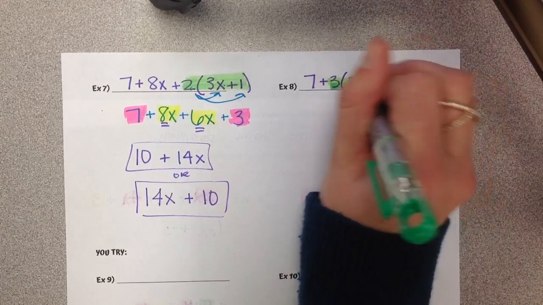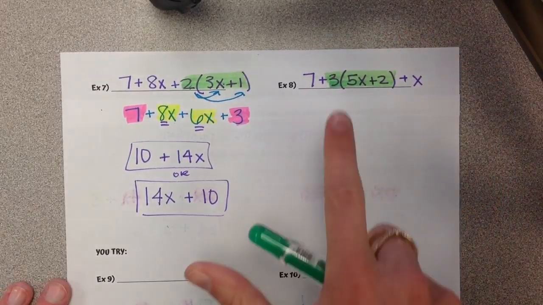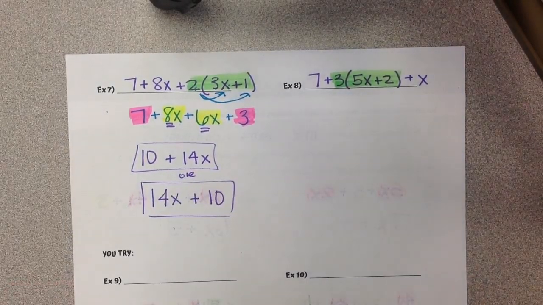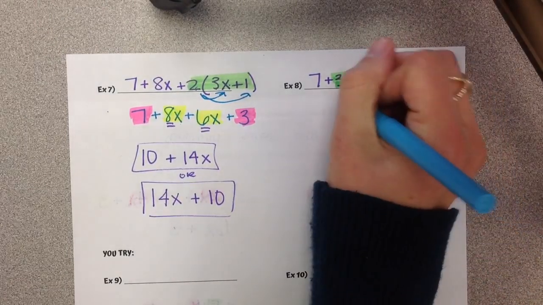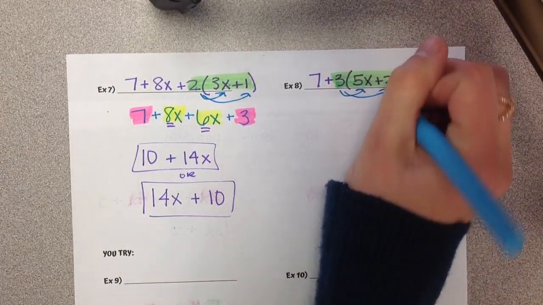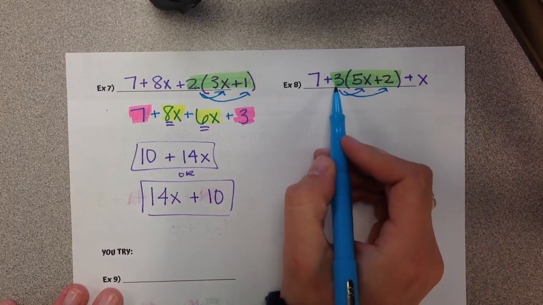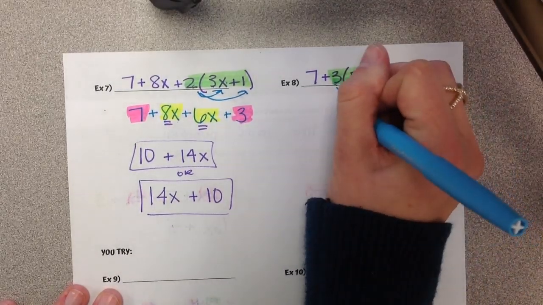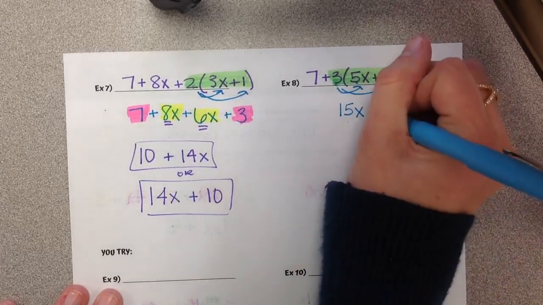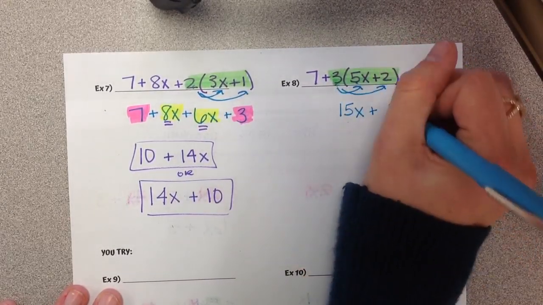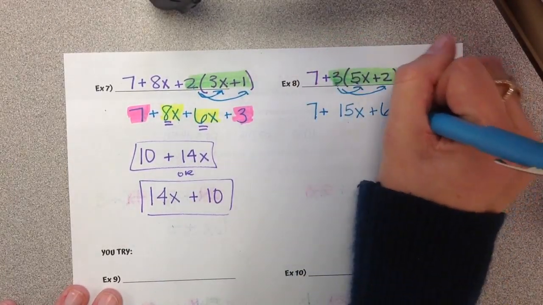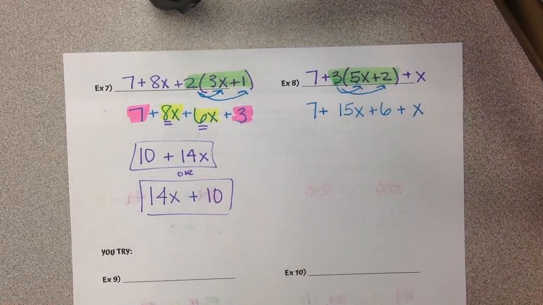I need to distribute the number that's just on the outside of the parentheses here. So this 3 needs to be distributed to both terms on the inside. I take 3 times 5x. 3 times 5 is 15x, plus 3 times 2 is 6. Bring everything else down. Bring down the 7. Bring down the plus x on this side.